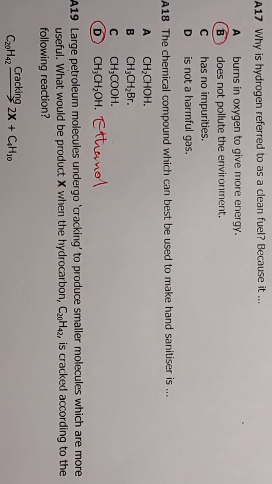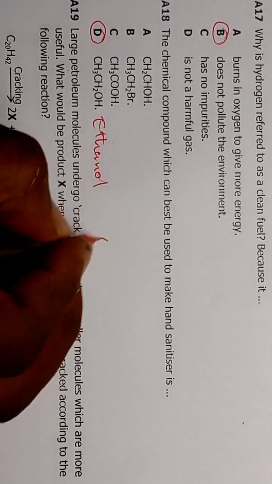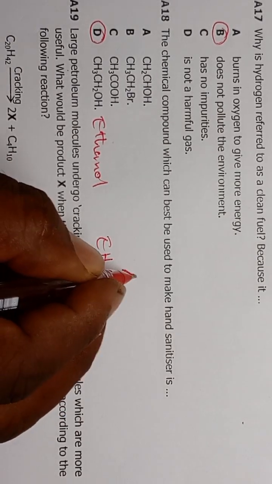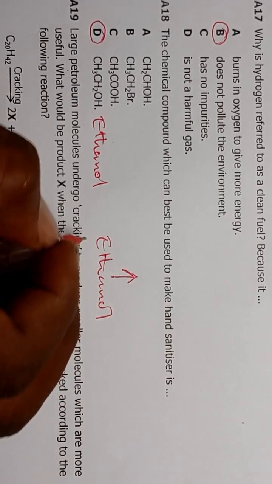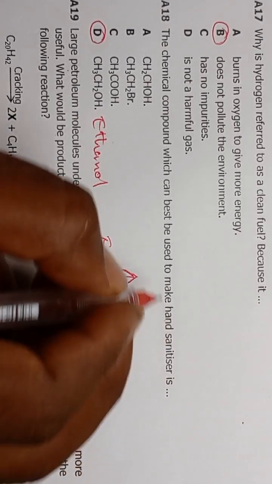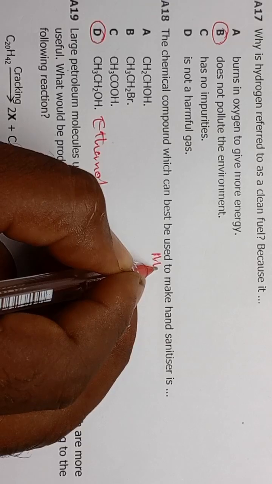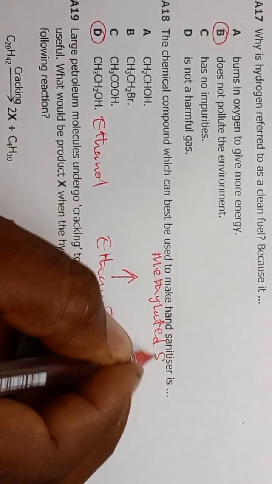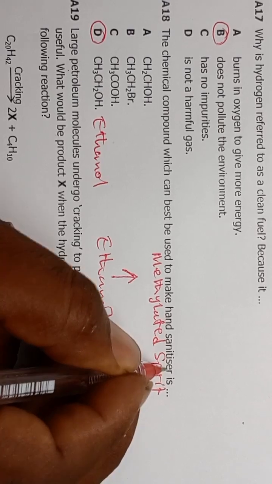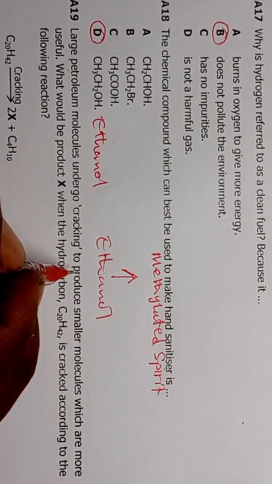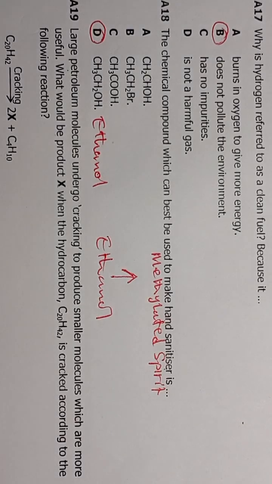You need to understand that ethanol is the major compound of methylated spirit. When we are making hand sanitizer, we use methylated spirit. So ethanol, it's a major compound of methylated spirit. So that is the reason why it is the answer here.